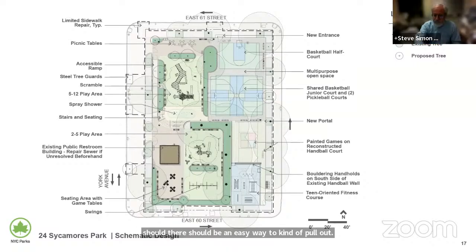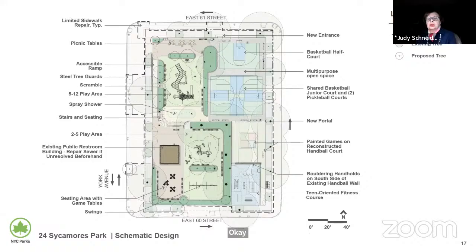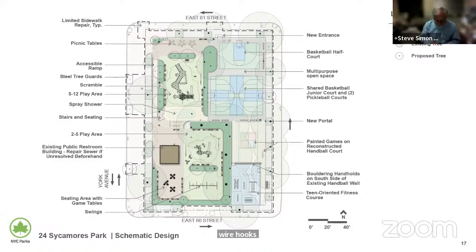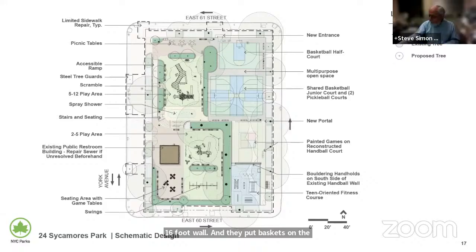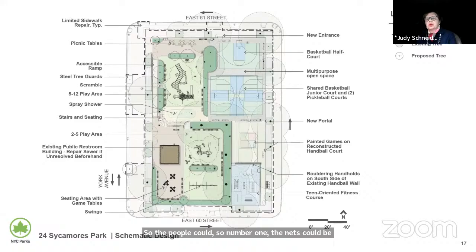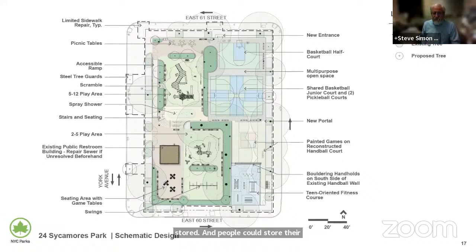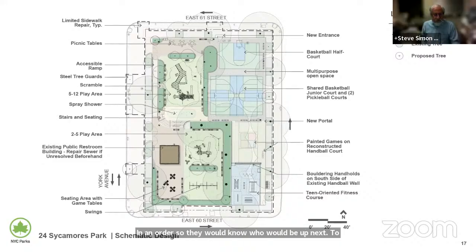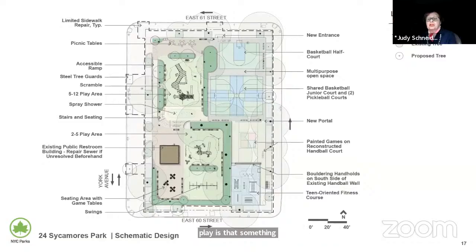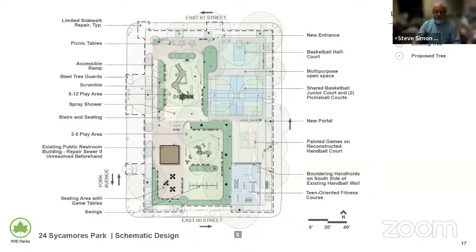Yes, Felice, I think we should go back to our last resolution where, had it passed, we had made a suggestion to Parks that they put wire hooks on that 16-foot wall, and they put baskets on the hooks so that the nets could be stored and people could store their paddles in an order so they would know who would be up next to play. Steve, does that sound like something feasible? Some kind of wire baskets with hooks?